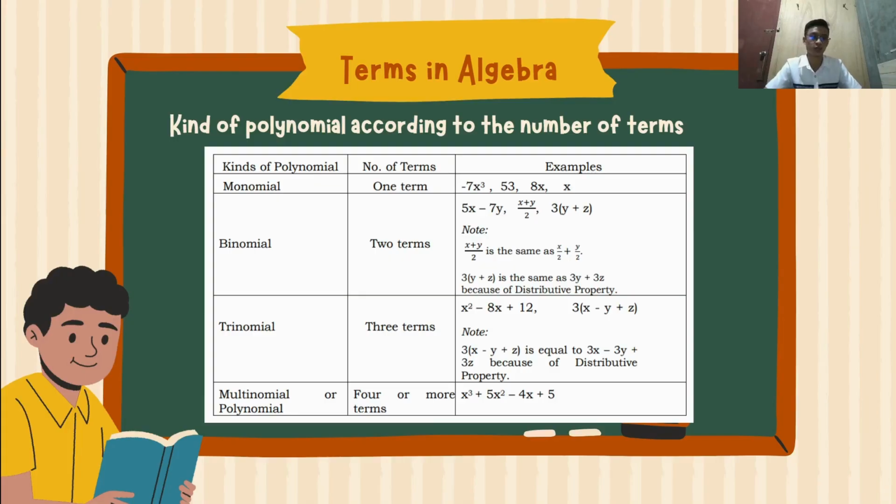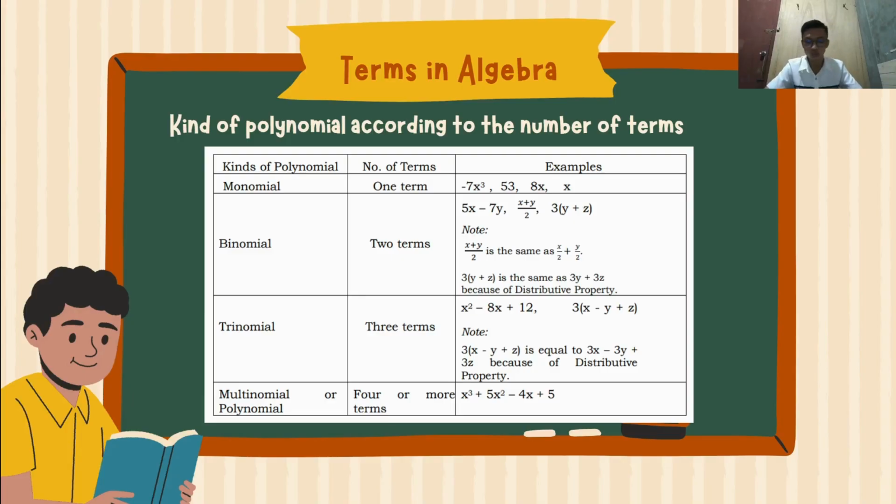Thirdly, we have trinomial, which has 3 terms. As you can see in the examples, x squared minus 8x plus 12, and 3 times x minus y plus z.